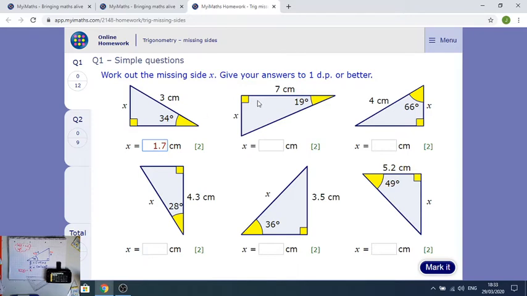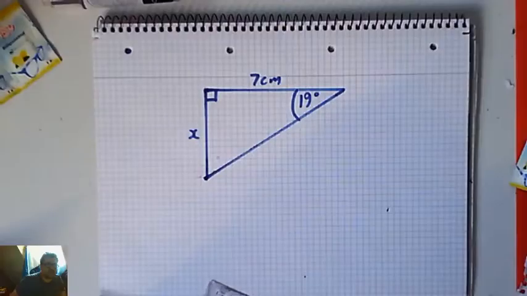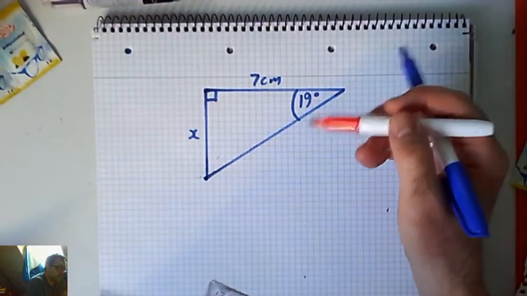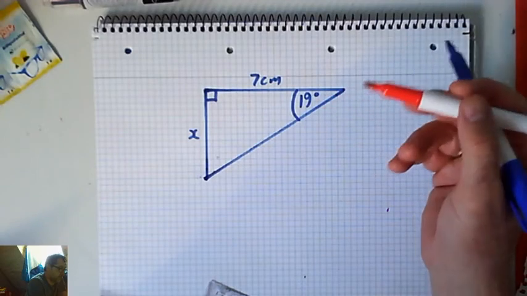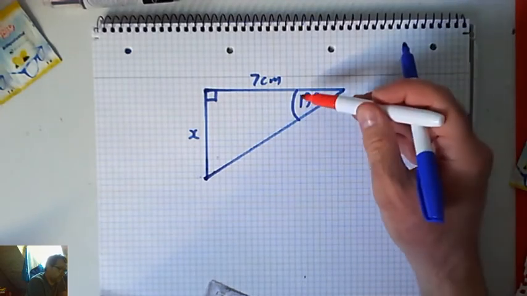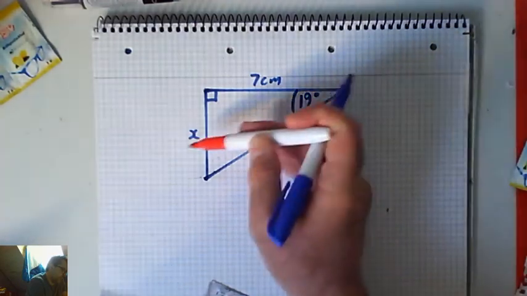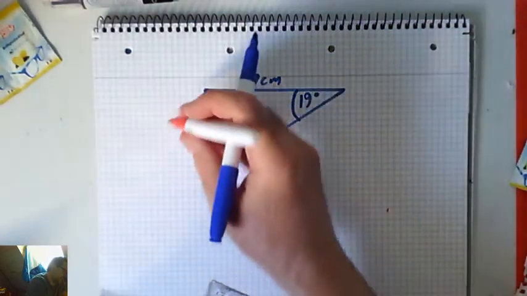And then the next question is this triangle, so I'll just draw that out on my pad. So by the magic of editing, that's already on my pad, and I'm going to try and identify the opposite, adjacent and hypotenuse in this triangle. So we've got the 19-degree angle, and across from it, or opposite from it, we've got a side that's called x.